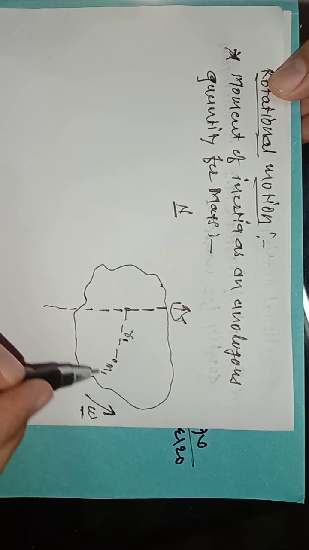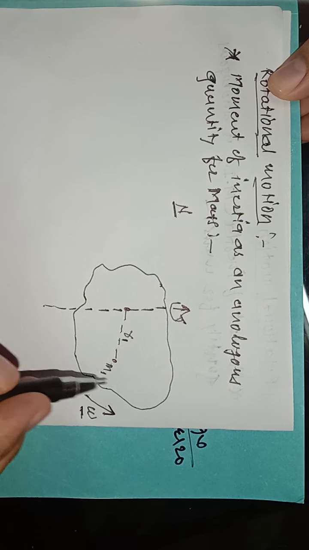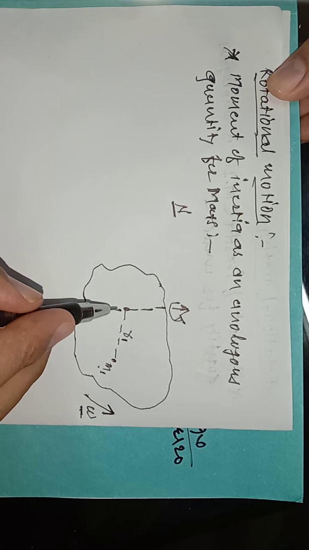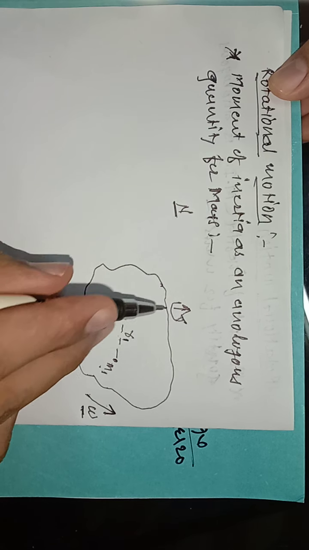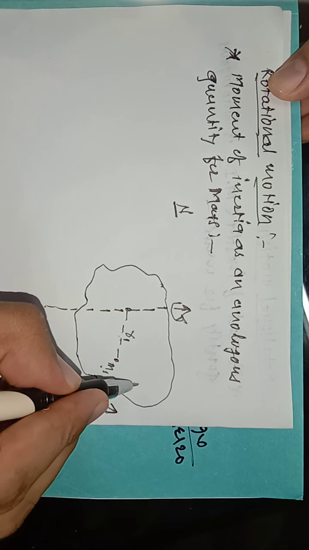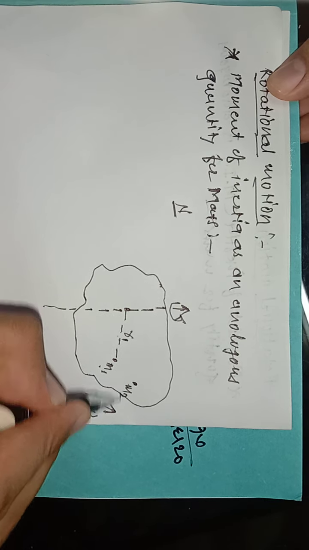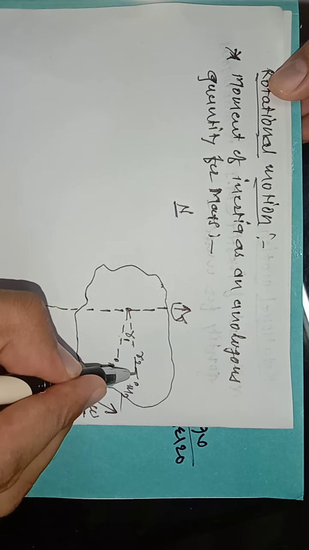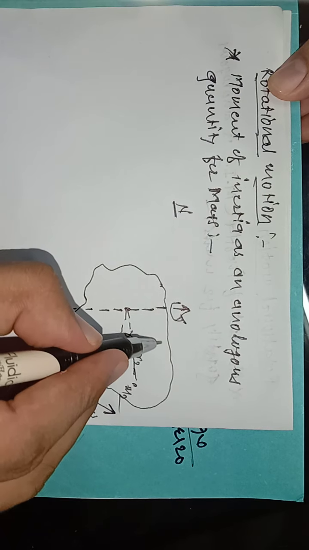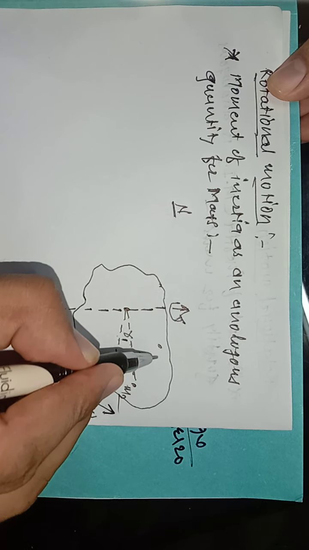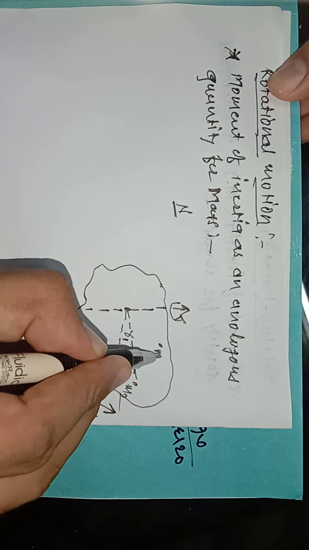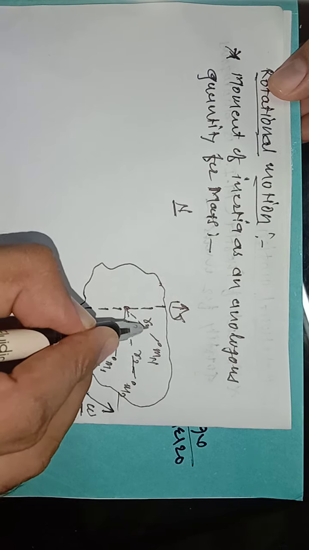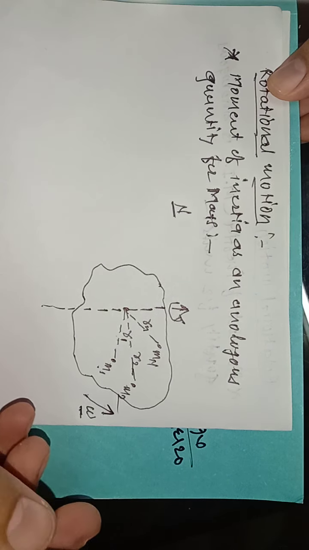The second particle, m2, is also situated at a distance r2 from the axis of rotation. And the last particle we are taking is the nth particle, of mass mn, and rn is its perpendicular distance from the axis of rotation.